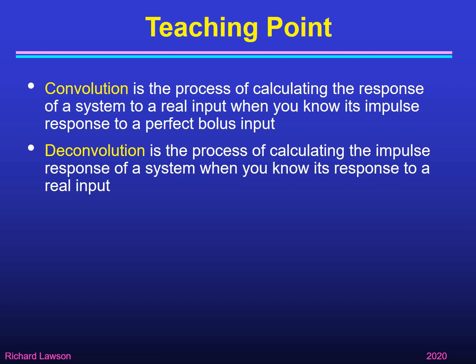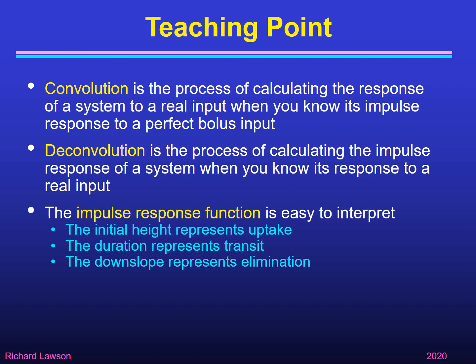And it's deconvolution that's relevant to the renogram, because we know the input from the blood curve and we know the response, which is the renogram, and what we want to calculate is the impulse response to a perfect bolus. So the impulse response is easy to interpret once we've got it, because the initial height represents uptake, the duration represents transit, and the downslope represents elimination. So it's much easier to interpret than the actual renogram itself.